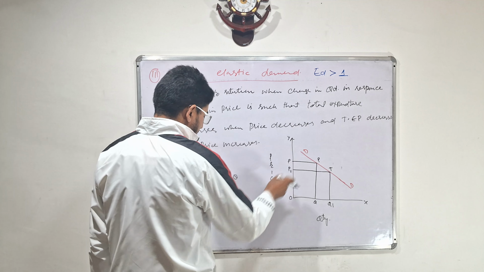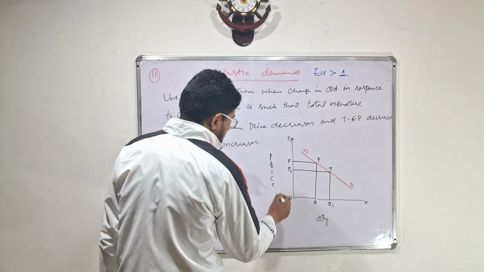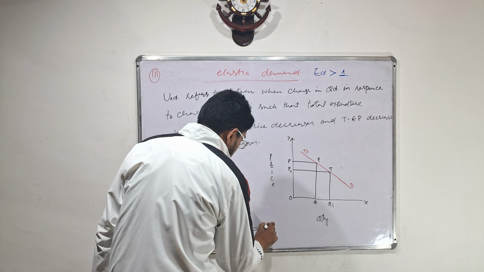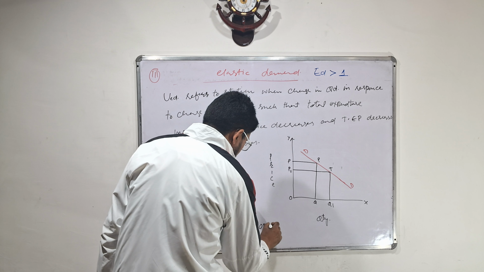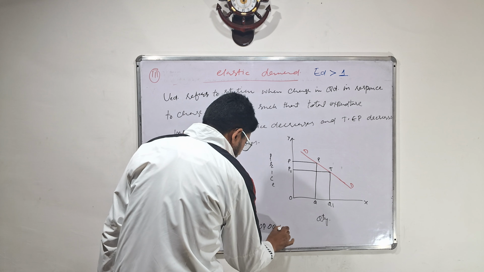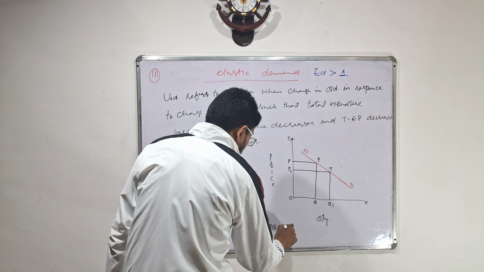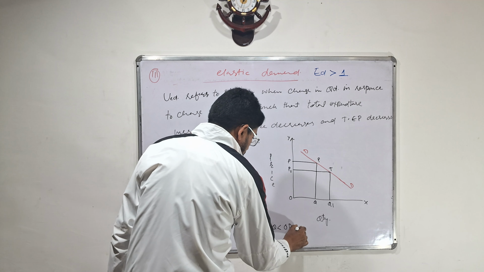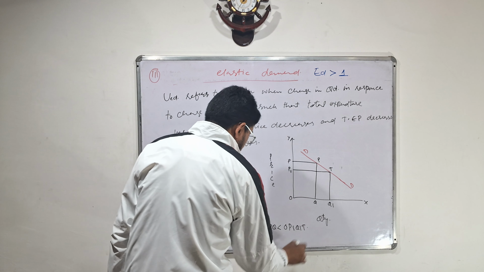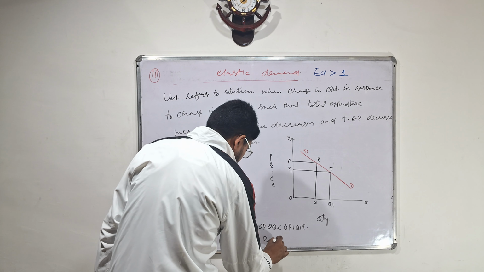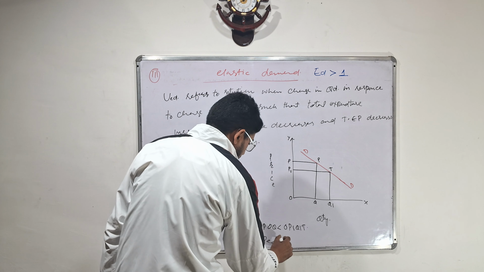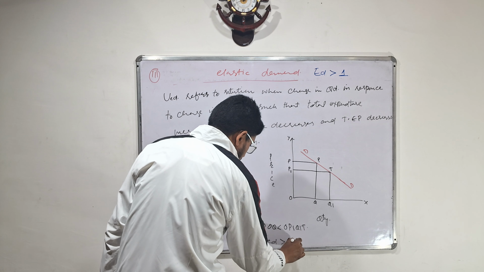This is shown by this area: area OPQ is smaller than area OP1 Q1 T. It means price elasticity of demand is greater than 1.